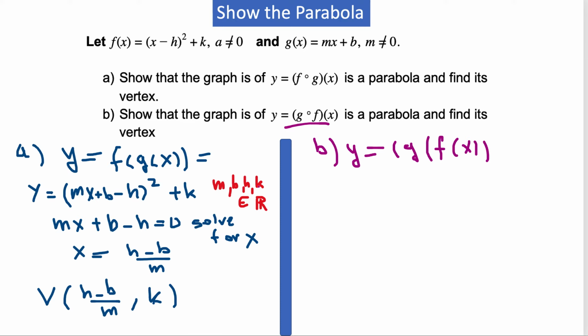Again, it's important that m, b, h, and k are real numbers, and they will show up here. I'm not going to rewrite that, because I already stressed that those are real numbers.